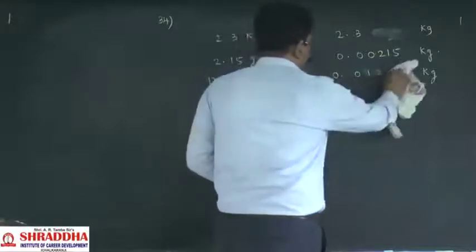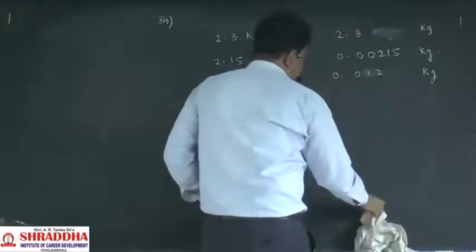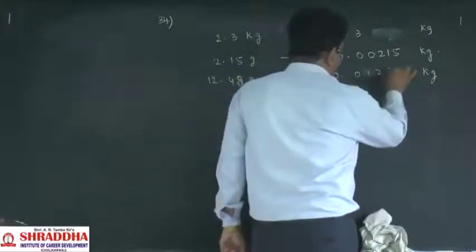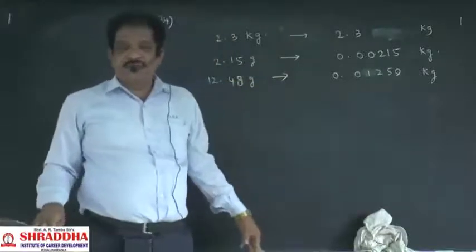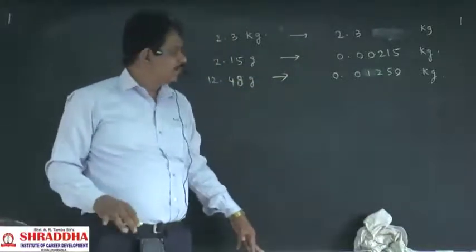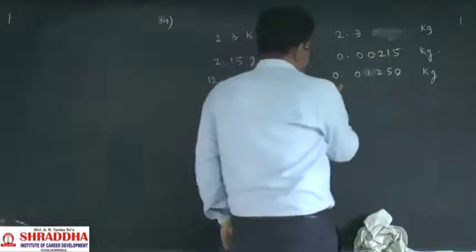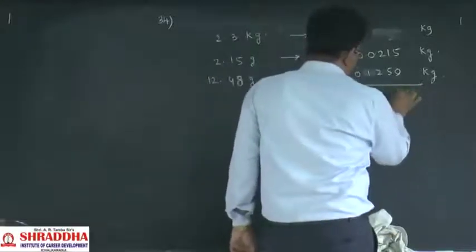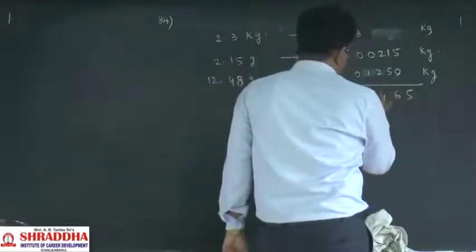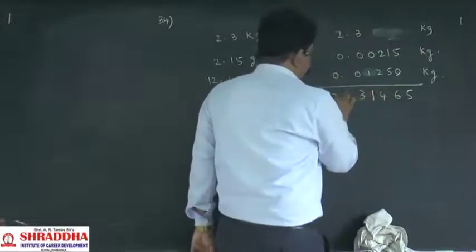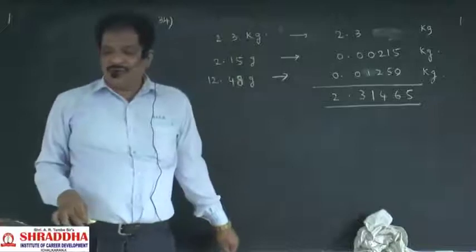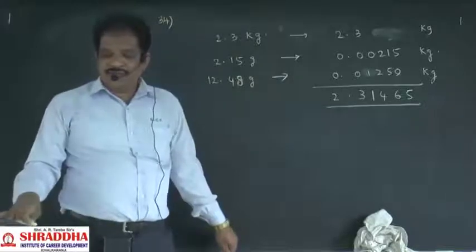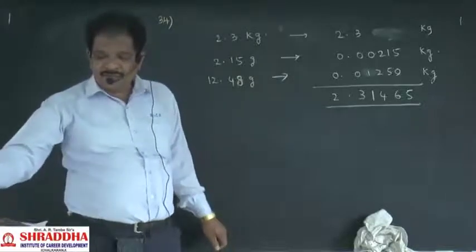So this value 1250. Then it will have only three significant figures. Okay, then add 5, 6, 4, 1, 3. Final answer will also have how many significant figures?